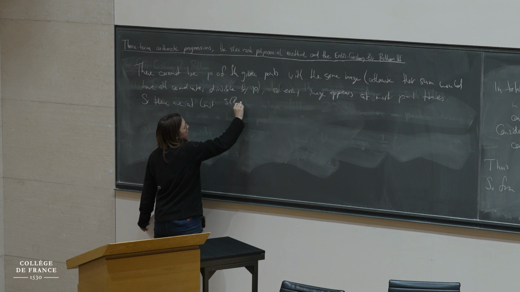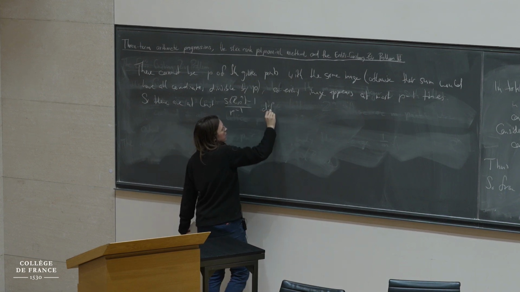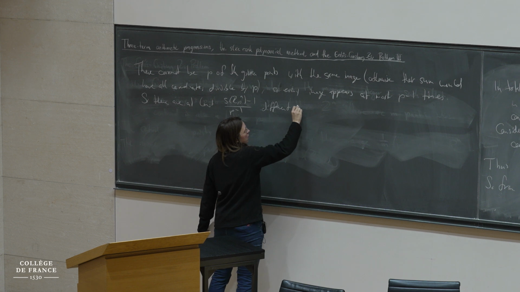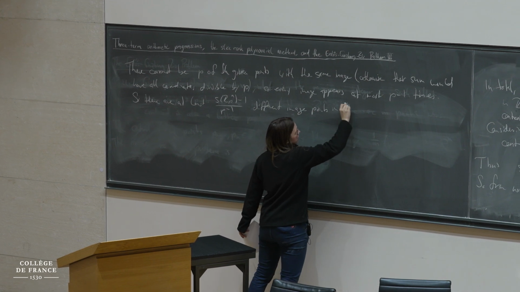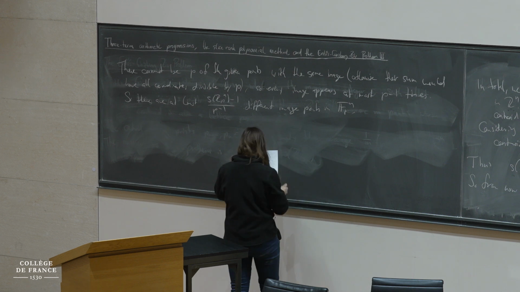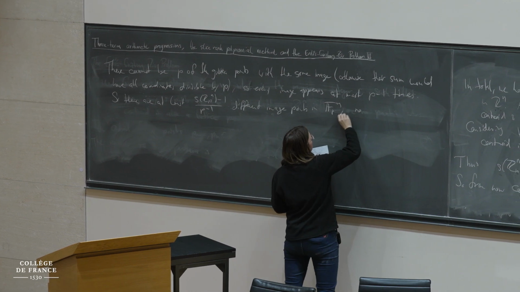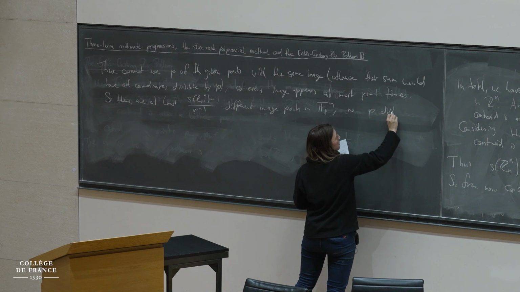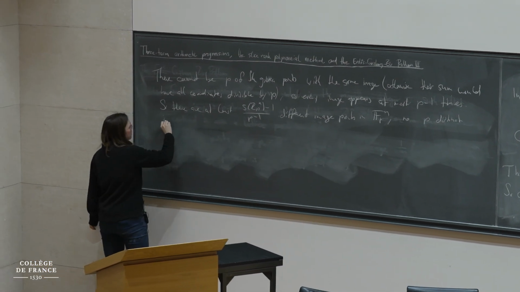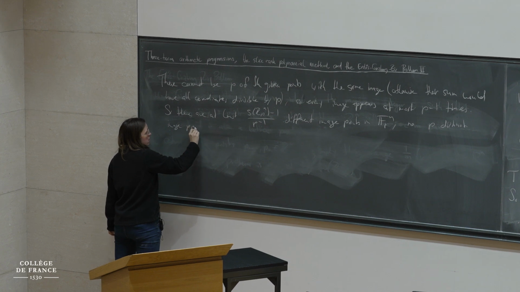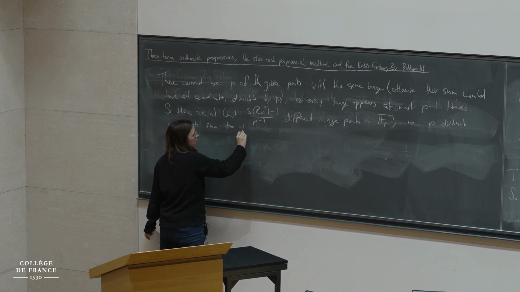Okay, and so every image appears at most p minus 1 times, so that means there are at least s of Z_p^n minus 1 divided by p minus 1 different image points in F_p^n, and no p distinct image points sum to the 0 vector.